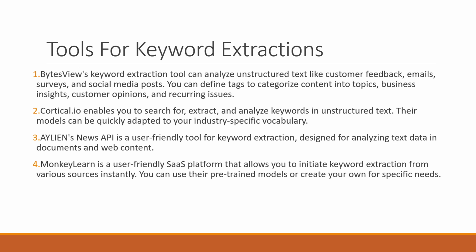Aylien News API is a user-friendly tool used for keyword extraction, designed for analyzing text data in documents and web content. MonkeyLearn is a user-friendly SaaS platform that allows you to initiate keyword extraction from various sources instantly. You can use their pre-trained model or create your own for specific needs.